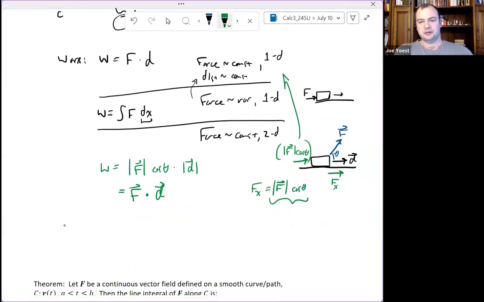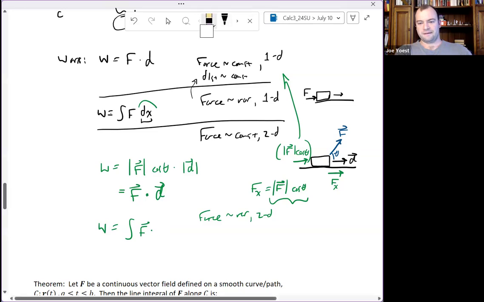And what about when force is variable and we're in 2D or 3D or whatever? Work is going to look kind of like the integral of force dot displacement, or force dotted with position. But when we think about position inside of an integral, we think of little increments of position, right?